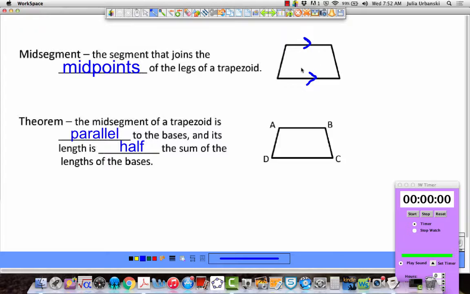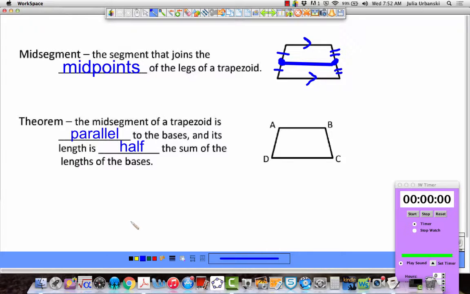On this picture, the midpoint is right here, and it cuts that leg in half. On this one, this is the midpoint, and it cuts this leg into two equal pieces, and the midsegment is the line that joins them right here.